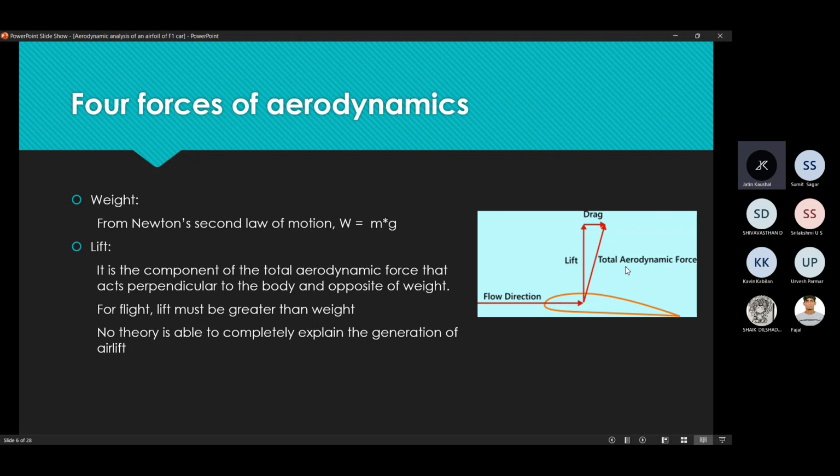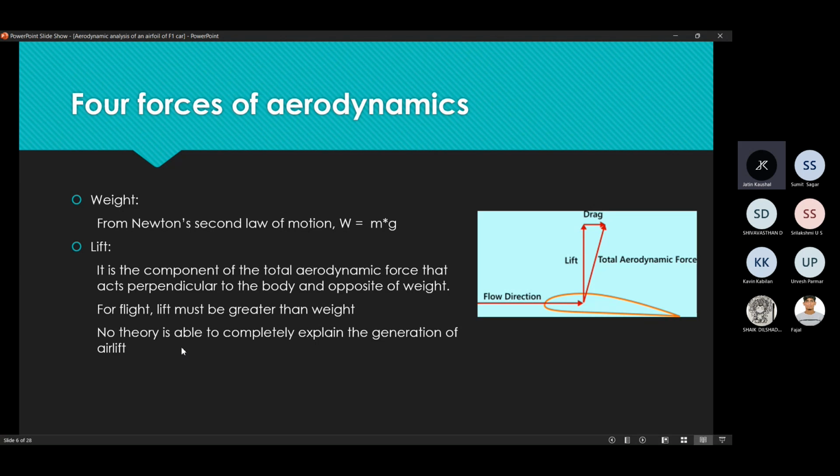So if the total aerodynamic force is F and this angle is theta, then the lift will be F sin theta. And for any body to stay in air, the lift must be greater than weight. That's just basics, common sense.